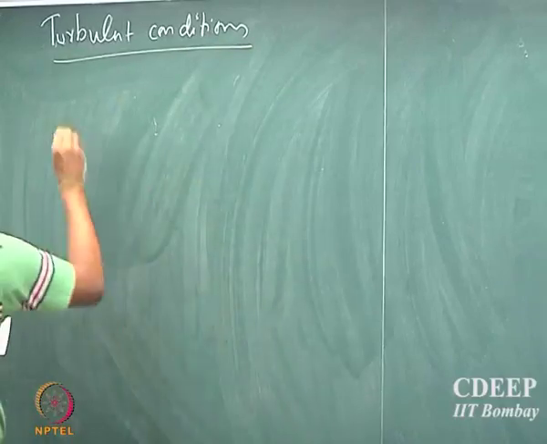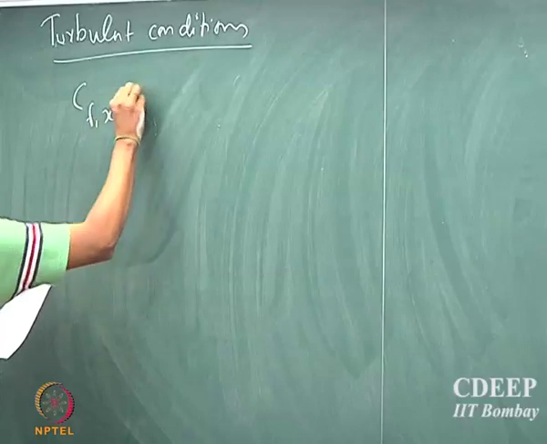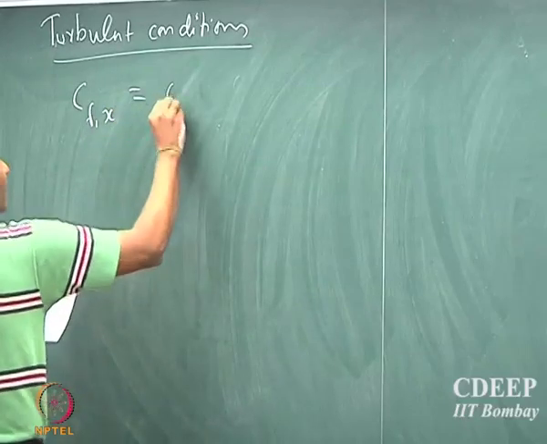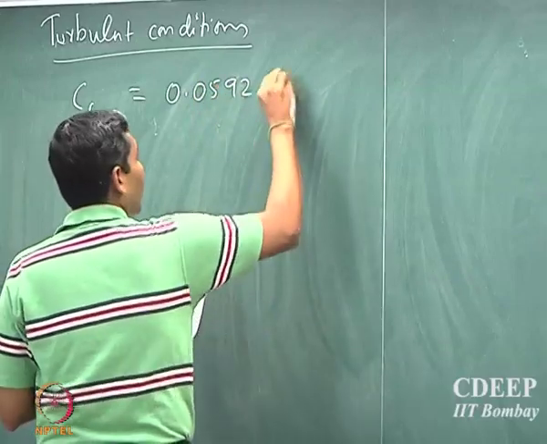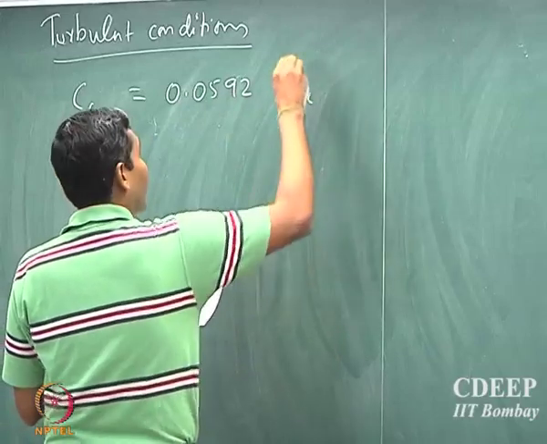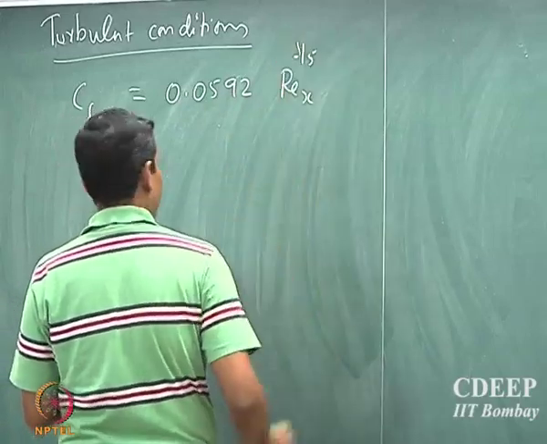One could get similar expressions for turbulent conditions. So the friction coefficient will be 0.0592 into Reynolds number to the power of minus 1 by 5.